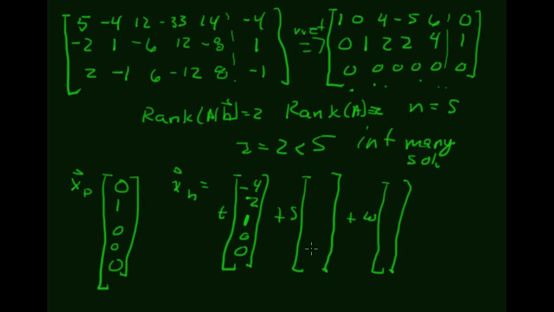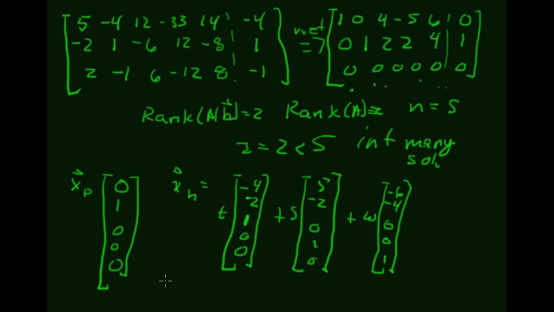This one goes to the fourth. So this is going to be 5, -2, 0, 1, 0. And this one goes to the fifth. So this is -6, -4, 0, 0, 1.